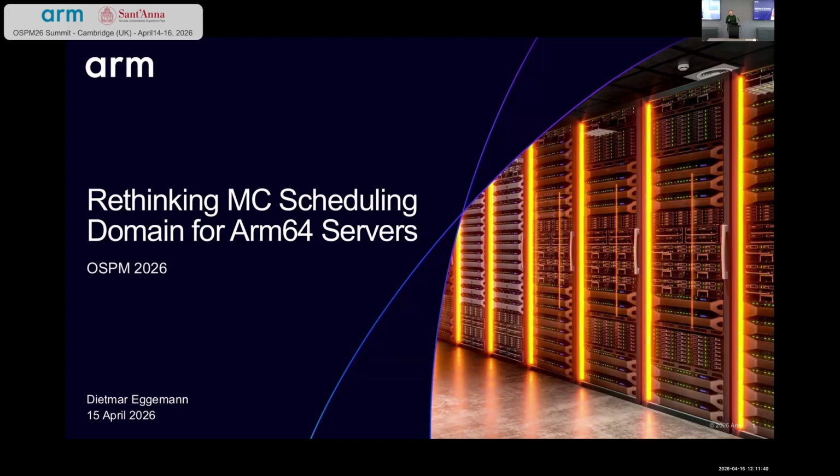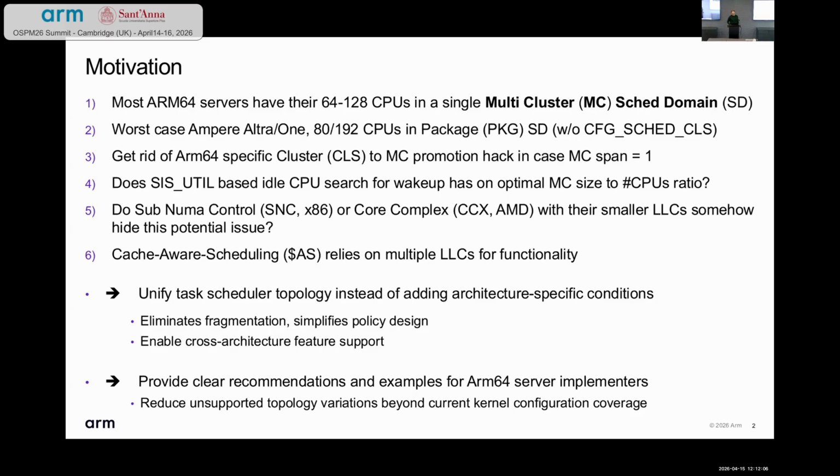Because the architecture of Arm64 servers looks a little bit different than the more hierarchical structure of x86 or AMD devices, we want to think about whether both the Arm flat topology and the hierarchical topology of those other architectures can work together without configuring the scheduler differently.